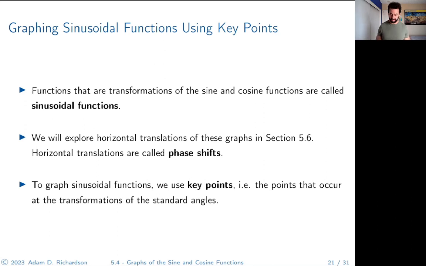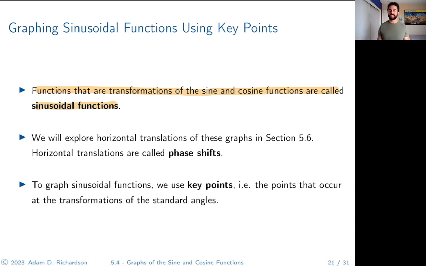Generally speaking, functions that are transformations of the sine and cosine functions are called sinusoidal functions. So if somebody says, oh, it's a sinusoidal curve, what they mean is it looks like the sine function, but transformed in some way.